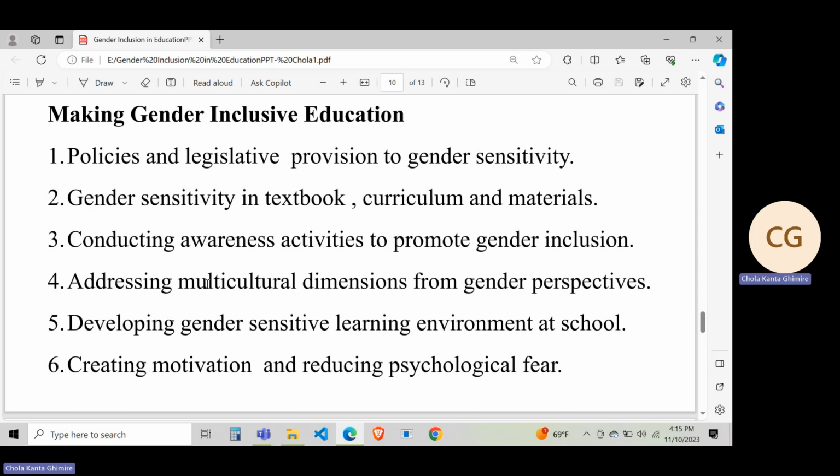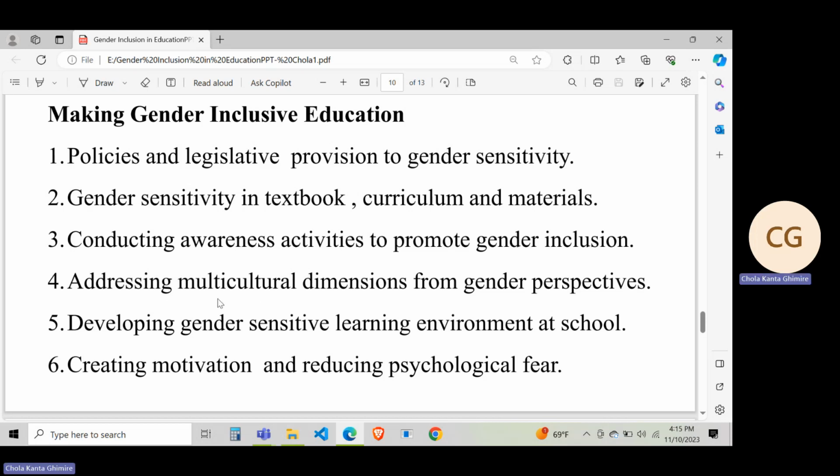Next is addressing the multicultural dimension from a gender perspective. Here, multiculturalism refers to respecting different cultures or respecting pluralism in learning and education.